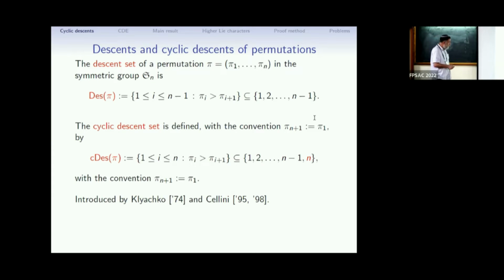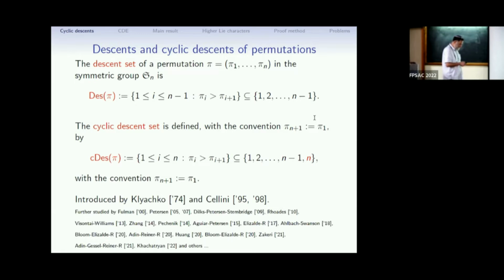But then in the 90s, there were two papers of Cellini that attracted attention, and there are many follow-ups of these papers that introduced cyclic descents in the context of cyclic descent algebras.